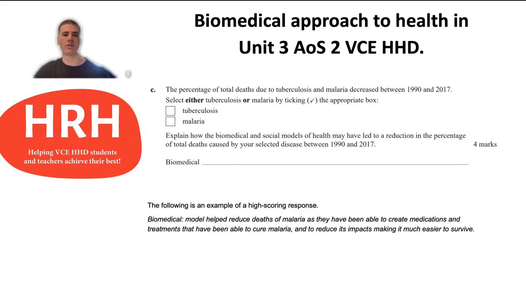The student has taken their understanding of the biomedical model involving things like medications and applied that to the condition of malaria. They're not focusing on a specific type of medication that treats malaria. You're not expected to know in that much detail, but you are expected to be able to apply your understanding to a question like that.